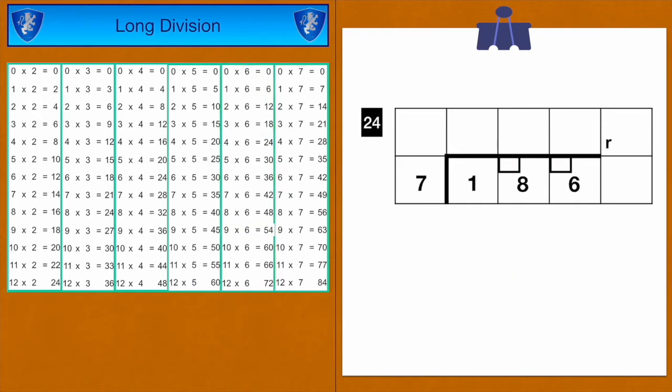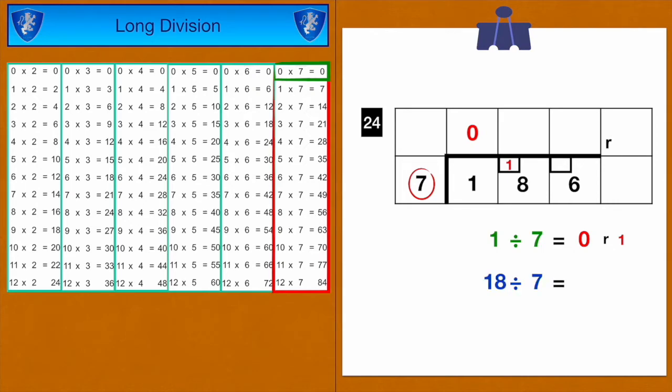Question number 24. 7 times table. 1 divided by 7 is 0 because it cannot be done. Got 0 there and a remainder of 1, making my second number 18. So 18 now divided by 7 goes in twice, because 2 times 7 is 14.